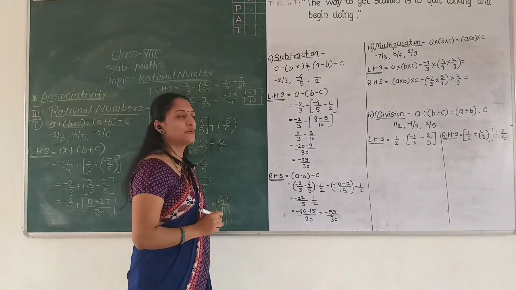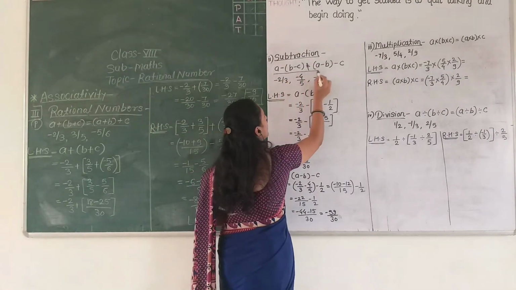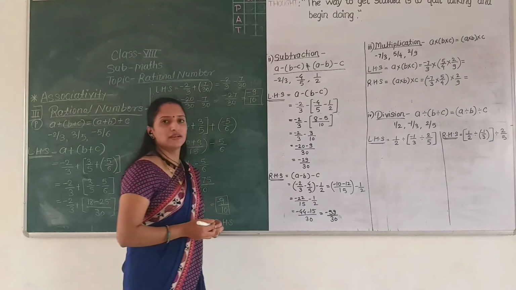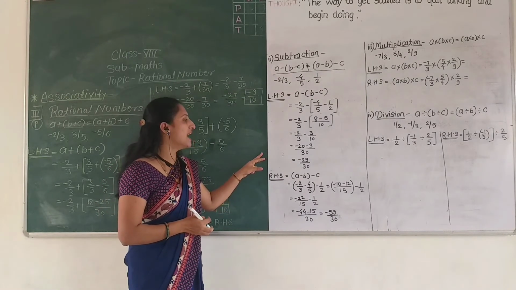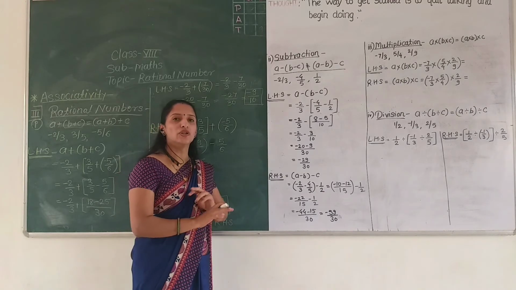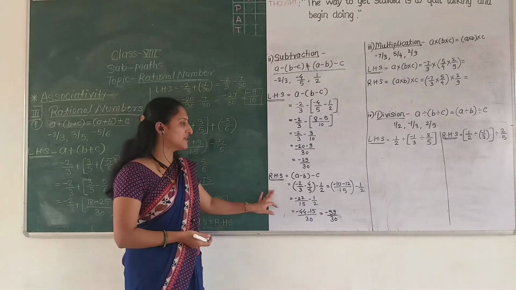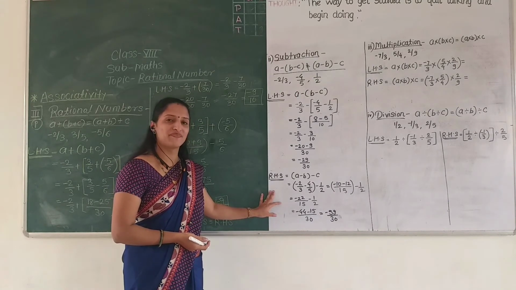That means here we get (A minus B) minus C is not equal to A minus (B minus C). So this shows that subtraction is not associative for rational numbers.